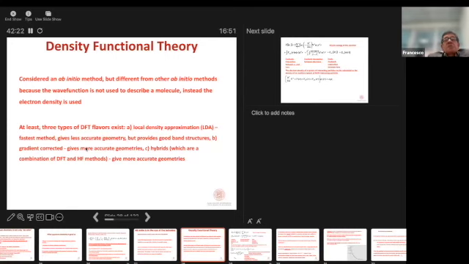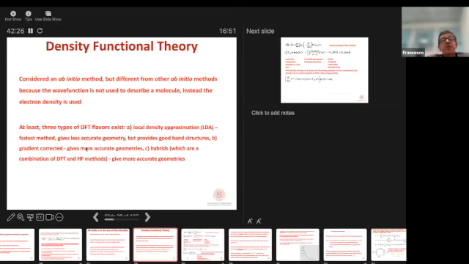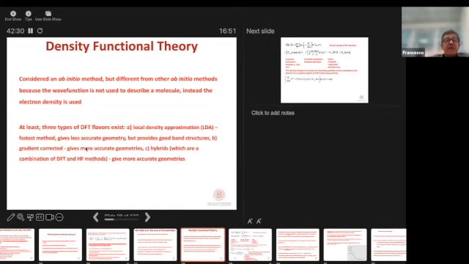If we can focus just on the density, then rather than having this huge dimensionality of the problem, we just have 3 dimensions to worry about. So if we focus on these 3 dimensions and we calculate the electron density, the charge density, hopefully we can solve everything properly.